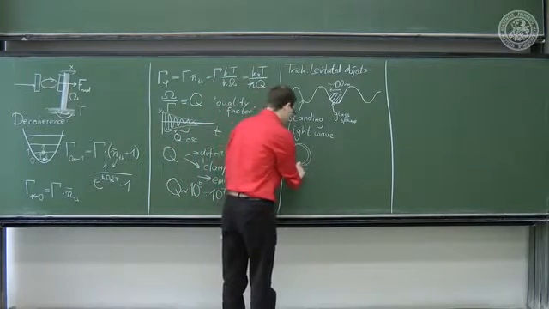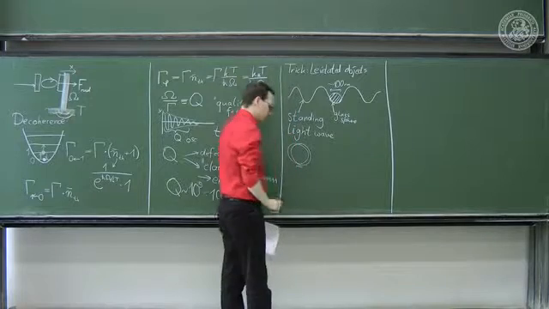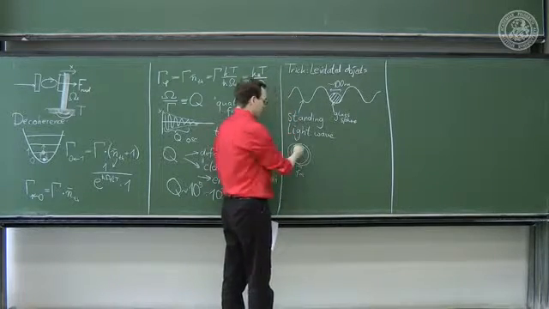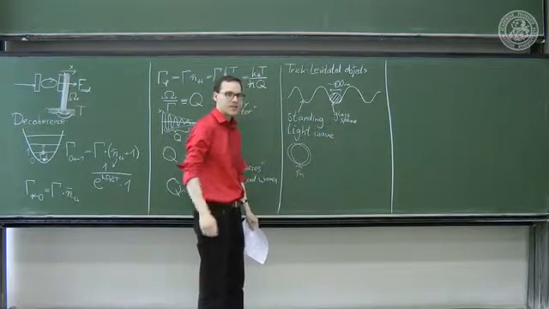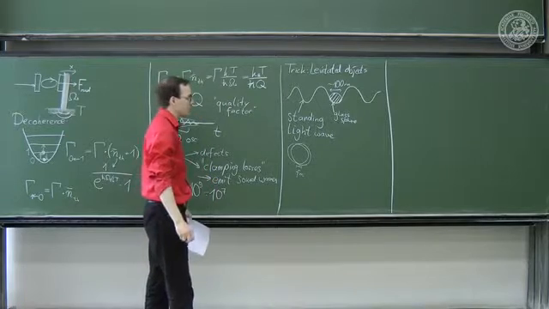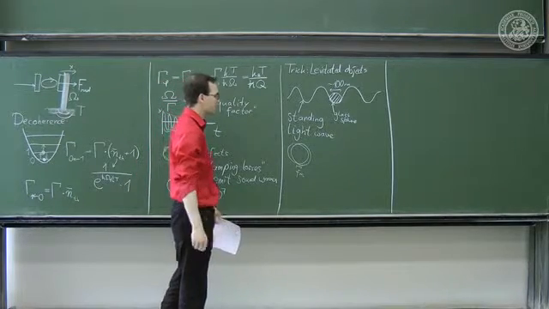A typical estimate for the size of the zero-point fluctuations was a femtometer, but if the size of the object is 100 nanometer, then you almost don't notice it. And so, how can you change this?